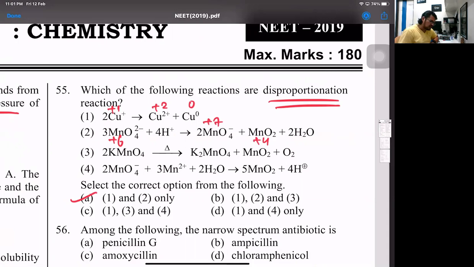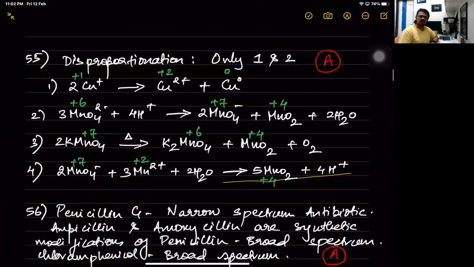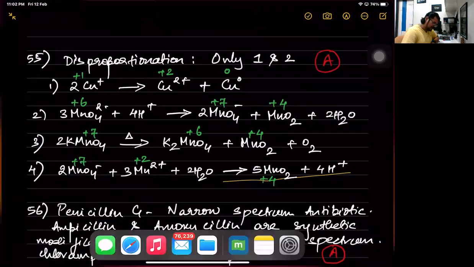In the third one, Mn is +7, becoming +6 and +4. So it's getting reduced in both cases. So third one is out. And in the last one, Mn is in +7, the other is +2, making +4. So there's only 2 with disproportionation. So 55 is A. I've shown all the 4 along with their oxidation states, so you get an idea. Okay, so 55 is A.